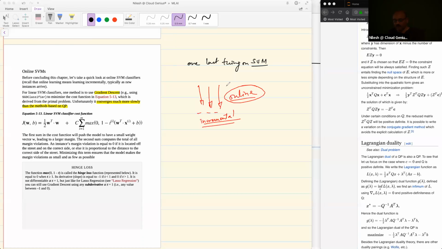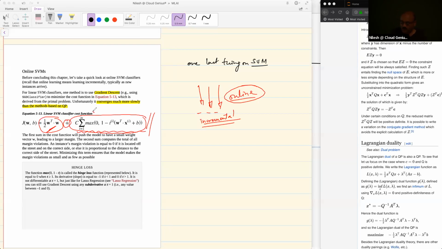That's online. And so in linear SVM classifiers, you can use the classic gradient descent method to minimize your cost function. What you're looking at in this expression is a cost function, which is similar to what you saw before, but with a different expression right there. So you have the classic hard margin cost function, this one, plus this segment.